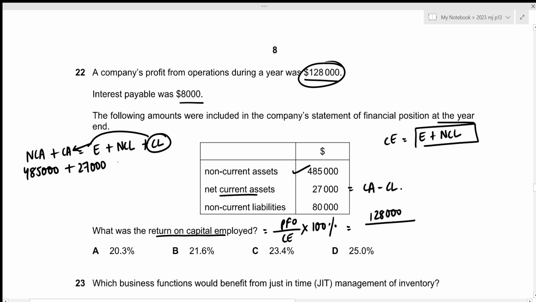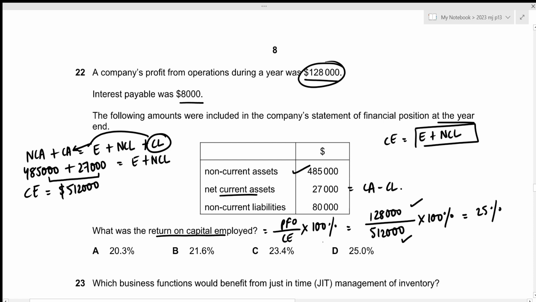This will be equal to our equity plus non-current liabilities, which is what we're looking for. So our capital employed is 485,000 plus 27,000, which results in 512,000. And our return on capital employed is 128,000 divided by 512,000 times 100%, which results in 25%. That's given in option D.